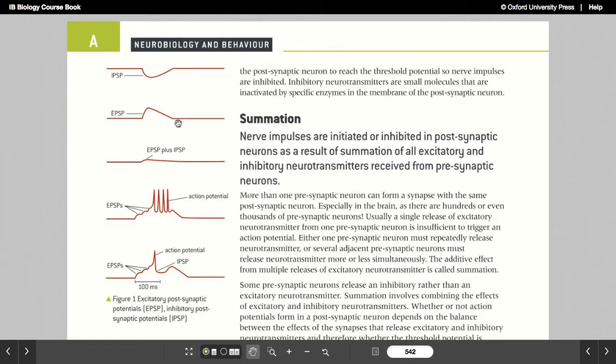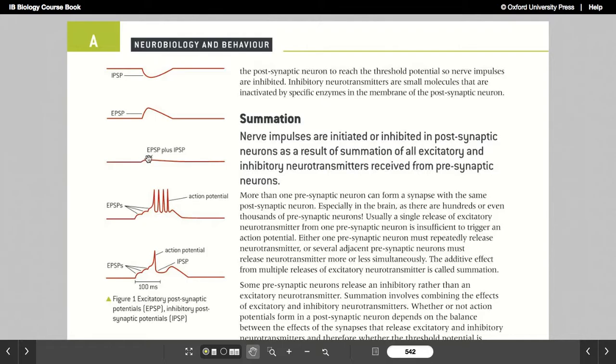And then there's this concept called summation, where when you have an IPSP and an EPSP of equal magnitude, and they're being sent at the same time, they add together, and then maybe in this case we have an EPSP plus our IPSP, and it makes this little blip of a positive change of the millivolts inside of the axon, or maybe being received by the dendrites or the cell body.